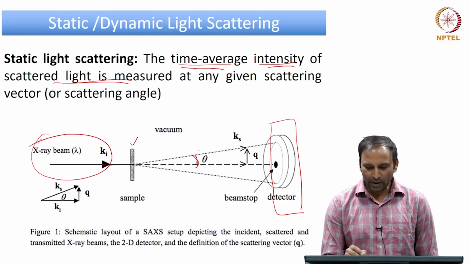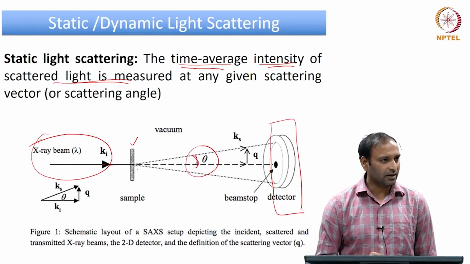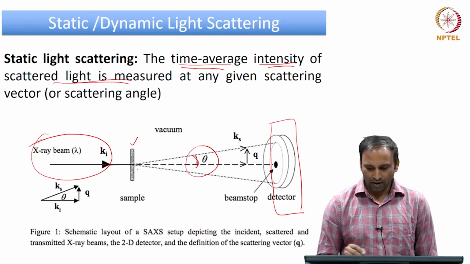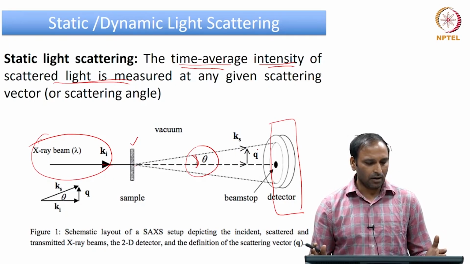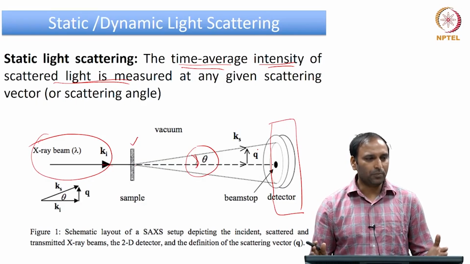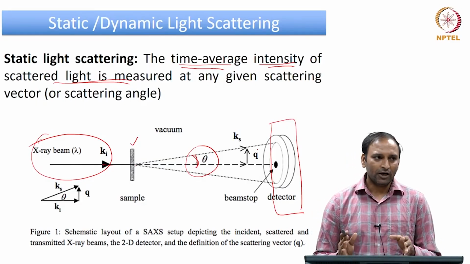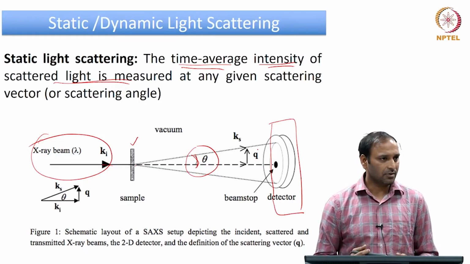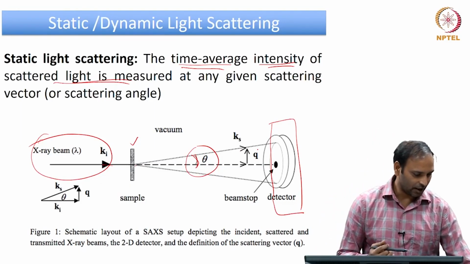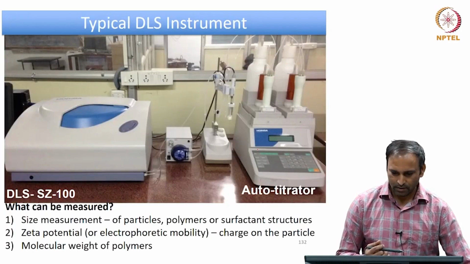Depending upon the variation of theta, you can obtain information about different length scales present in your system. Let me put it that way at this point.